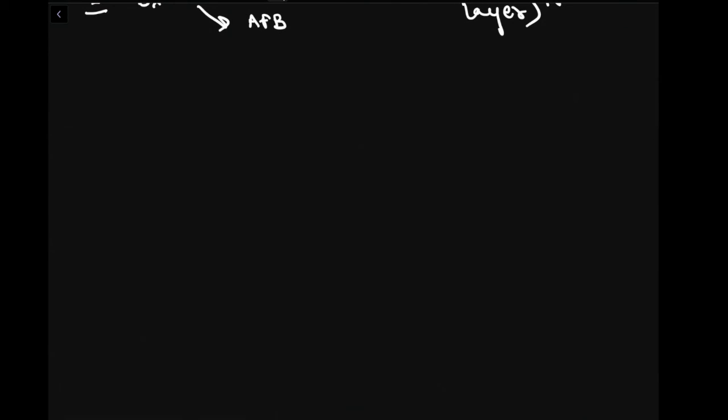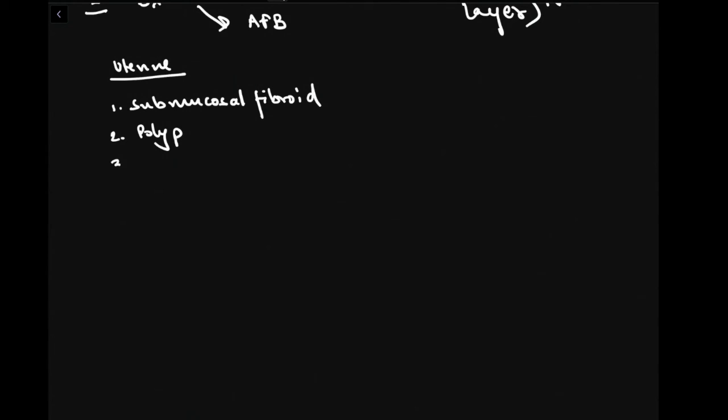Let's move ahead to uterine causes of infertility. First is submucosal fibroid. Second would be an endometrial polyp. Third, Asherman syndrome. Fourth, diethylstilbestrol use.